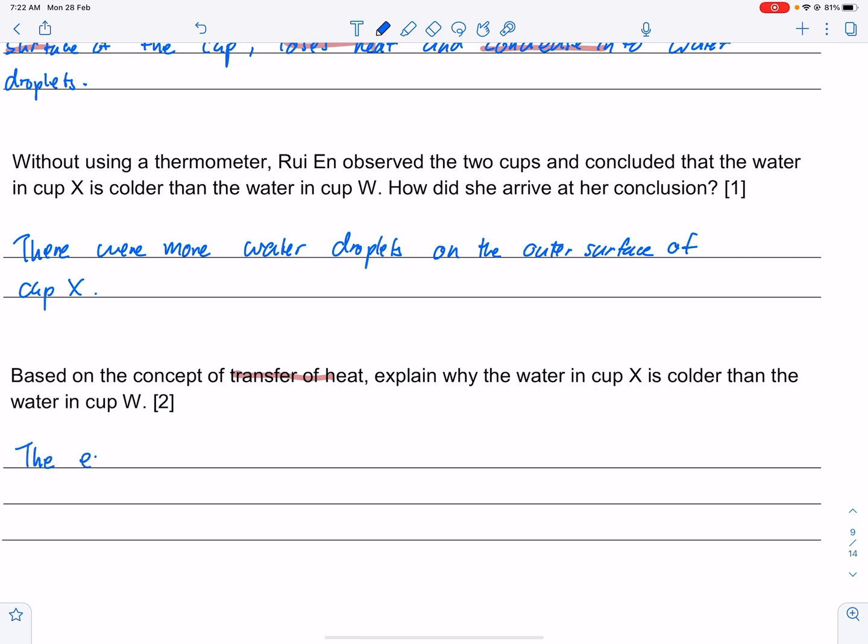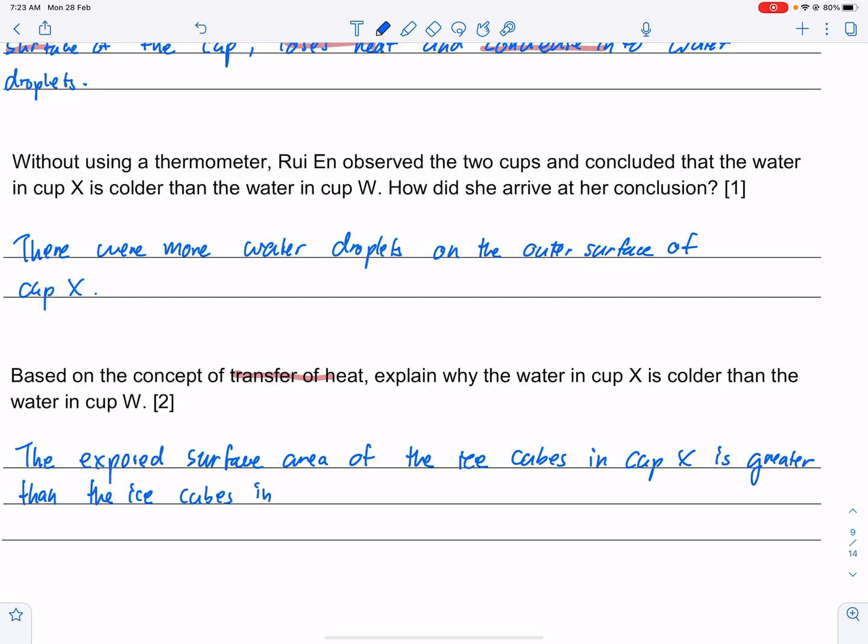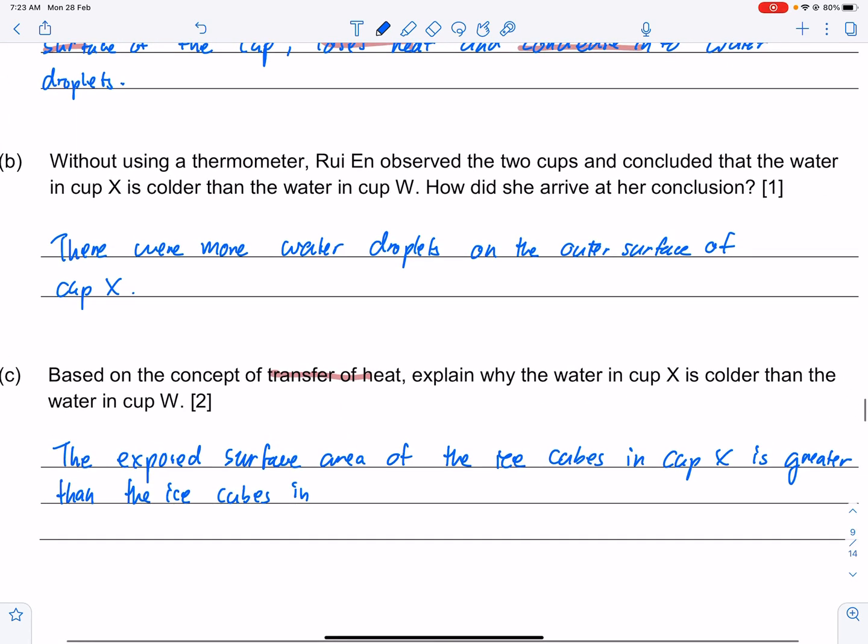The exposed surface area of the ice cubes in cup X is greater. Make sure you use superlative and comparison words. It is greater than the ice block in cup W. Actually, it's not even ice cube, it's ice block, just to be sure.